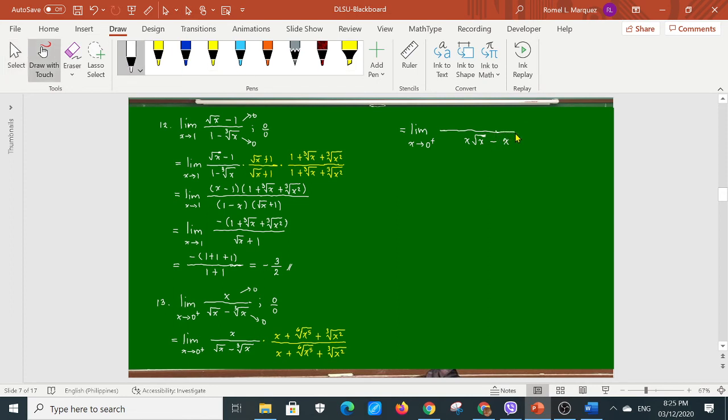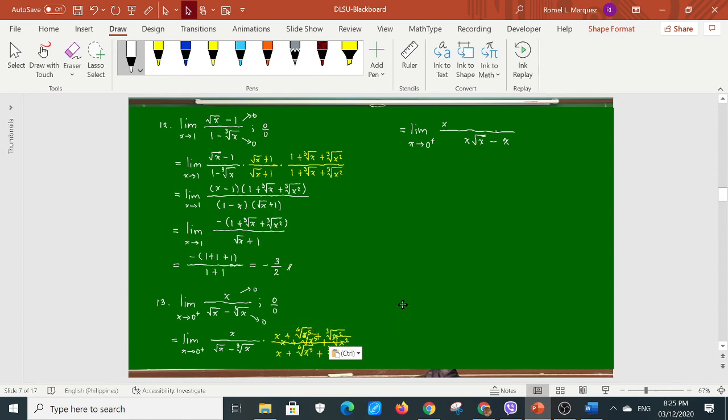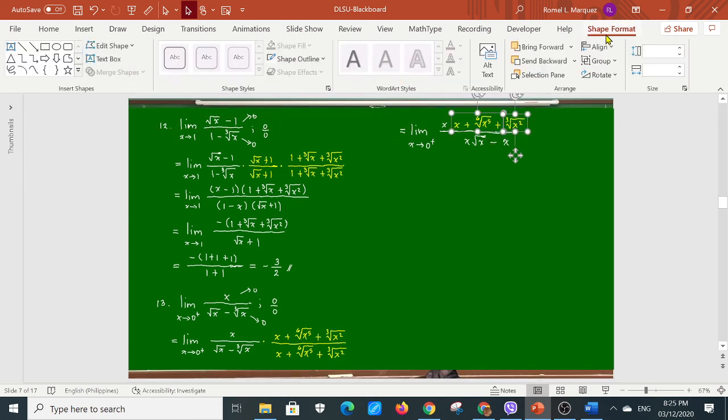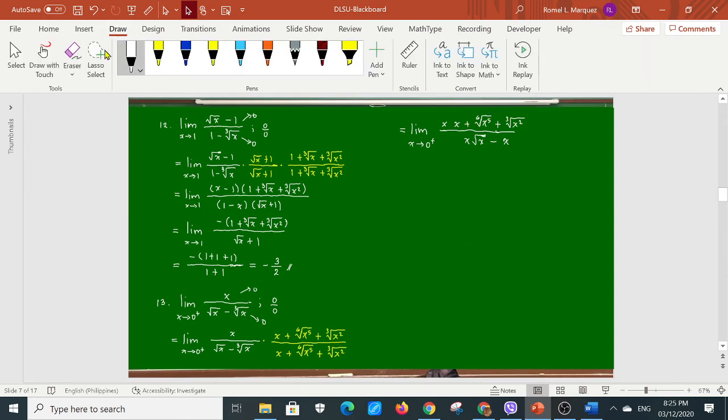So, we now have x times, ito copy ko. Ano ba yung kinopy ko kanina? Ayun. Ilagay natin dito. Yan yung product sa numerator. Yan yung multiplier. And then, color it white, parenthesis. Hindi ko na siya isusulat.